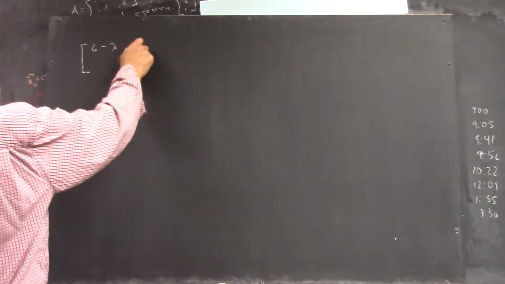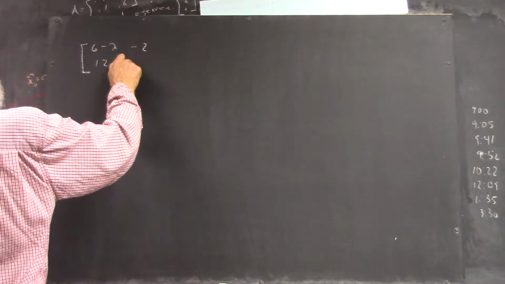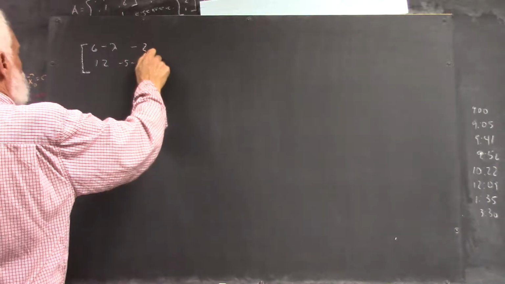Make sure I get the right numbers. So we have 12, -5 minus lambda.